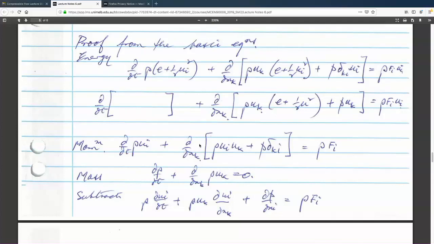So when I do that, I'm left with the terms that remain, namely rho dui/dt plus rho uk dui/dxk plus dp/dxi. When I take this derivative here of pressure, d/dxk, the only time I'm not going to get 0 is when k is equal to i. So this must mean that this term is dp/dxi.